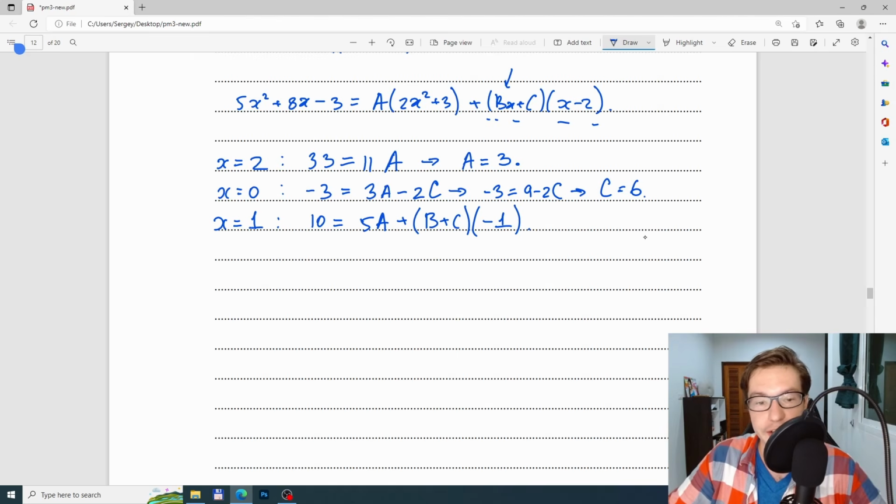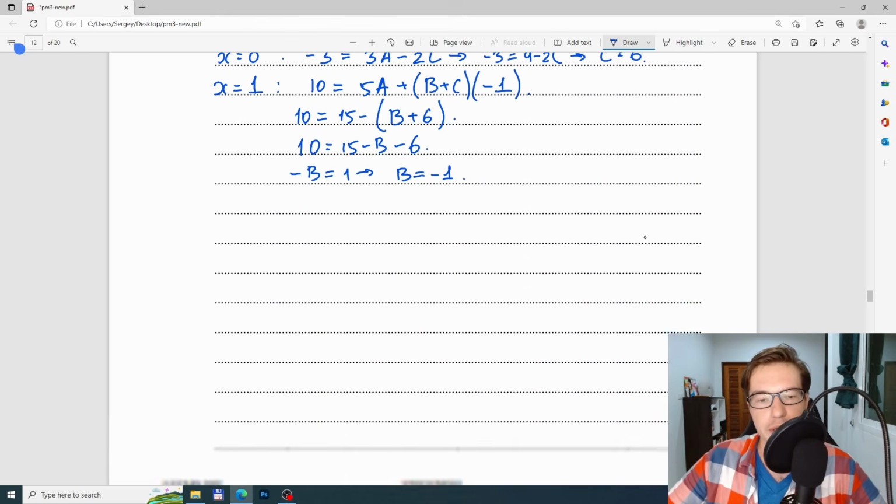So we substitute it there, and we'll get 10 equals 15 minus B plus 6, which is C, and we can solve it for B. So 10 equals 15 minus B minus 6, and from here we get minus B equals 1, therefore B equals minus 1.